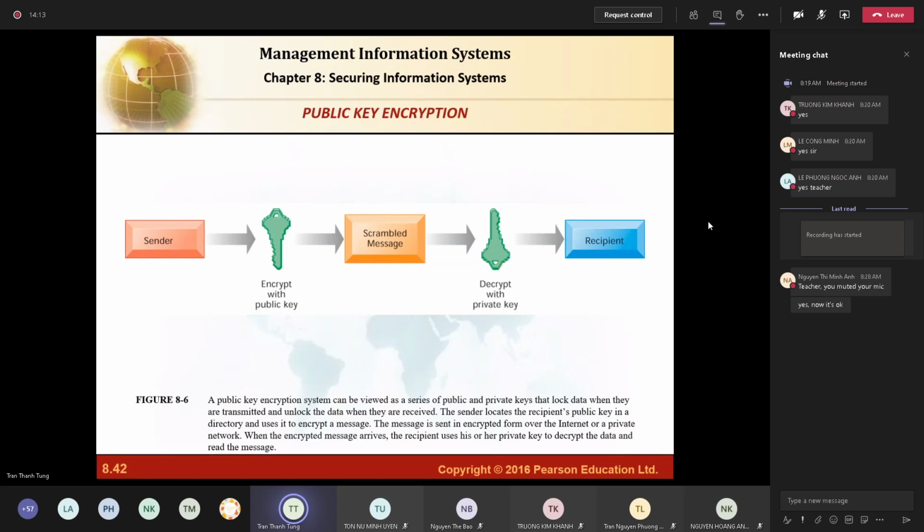So Alice has the public key of Bob, Bob has the public key of Alice, Alice has the private key of Alice, and Bob has the private key of Bob. Now I want to ask you the first question. Alice wants to send a message to Bob and wants to ensure that no one other than Bob can read the message. What should Alice do?